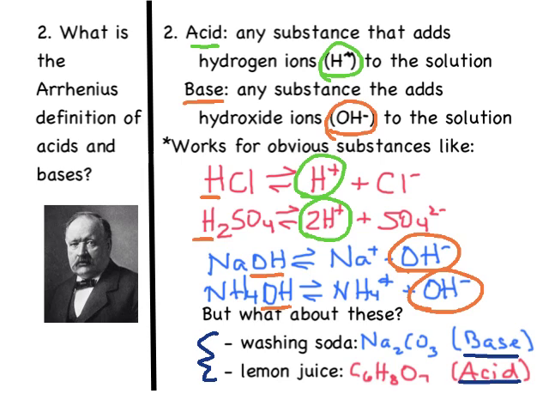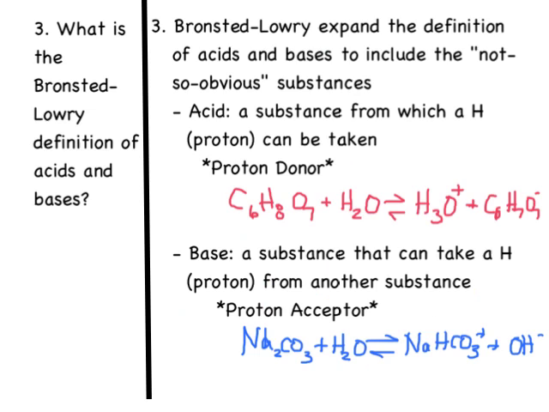Let's take a look at our next question, which is going to help us expand the definition of acids and bases. All right, so here's our third question. What is the Bronsted-Lowry definition of acids and bases? Remember, it was the two guys here, Mr. Bronsted on the left and Mr. Lowry on the right, who came up with this expanded definition together.